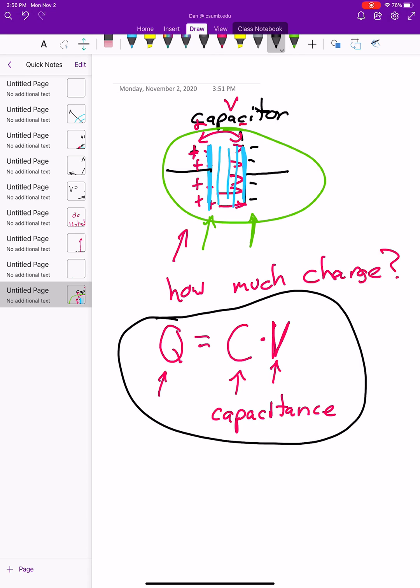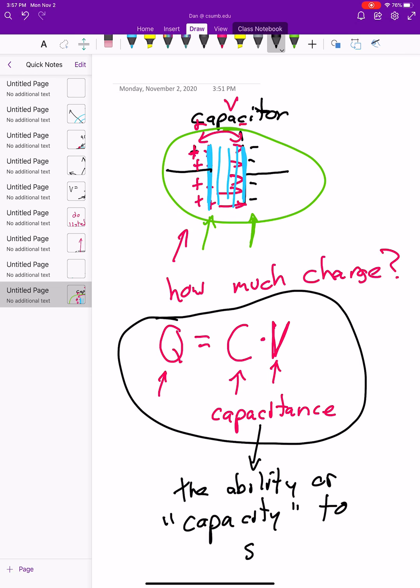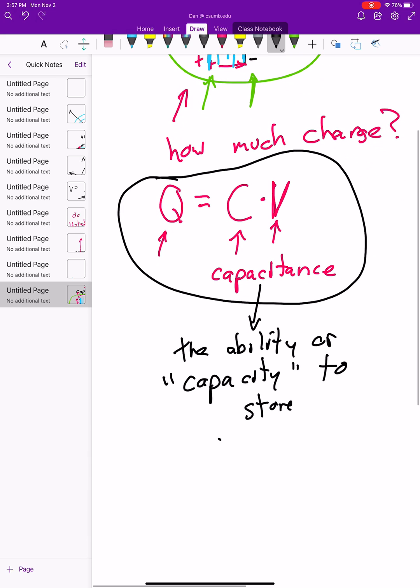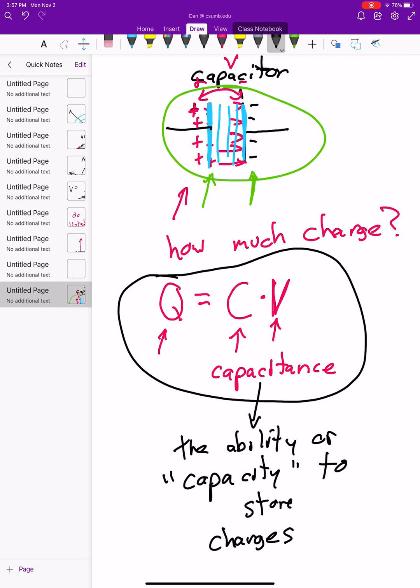And the capacitance, I should state conceptually what it is. It refers to the ability or capacity to store charges. When I say storing charges, I mean both plus and minus at the same time.